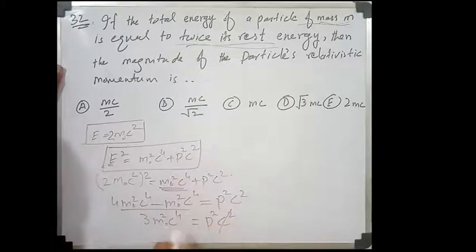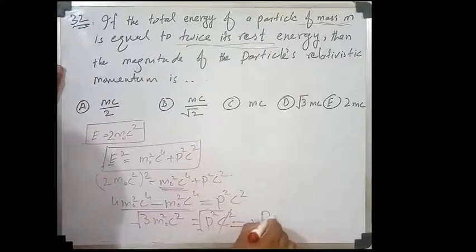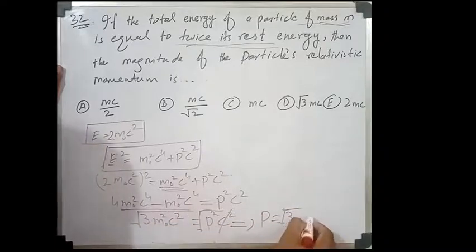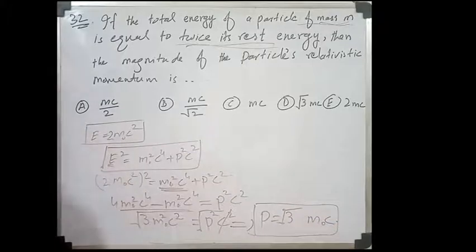The c square will cancel out, and it will become c square. Taking the square root of both sides, p is equal to square root 3 m naught c, since the square cancels with the square root. So this will be the relativistic momentum of that particle.